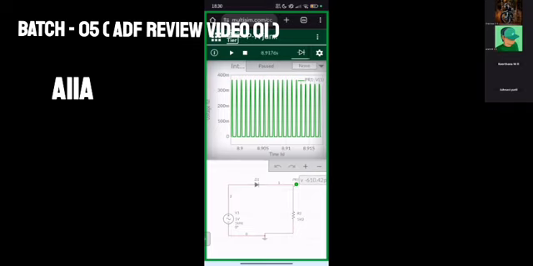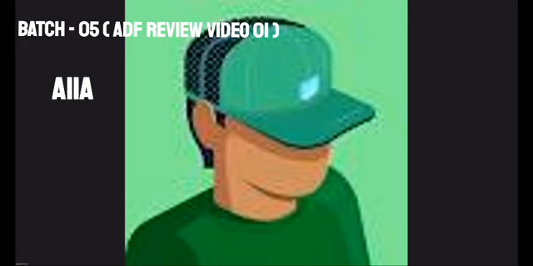So, explaining about the forward bias circuit, this is a simple forward bias circuit like this.